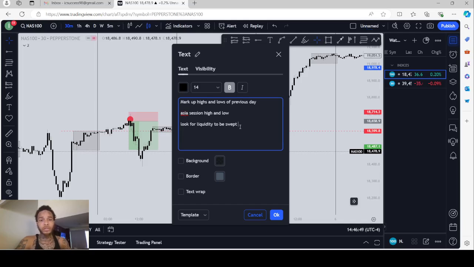We're looking for liquidity to be swept. So identify the liquidity. Identify it being swept. Make sure time is aligned with our strategy. So 9 a.m. to 10 a.m.